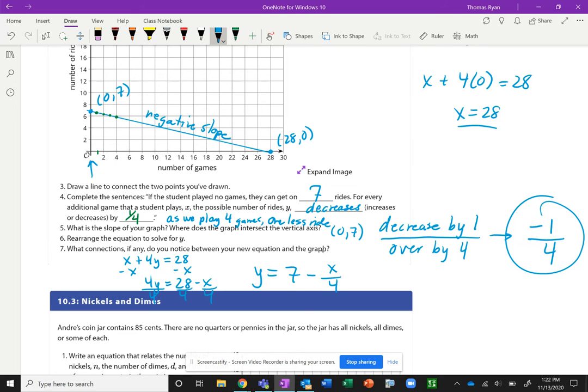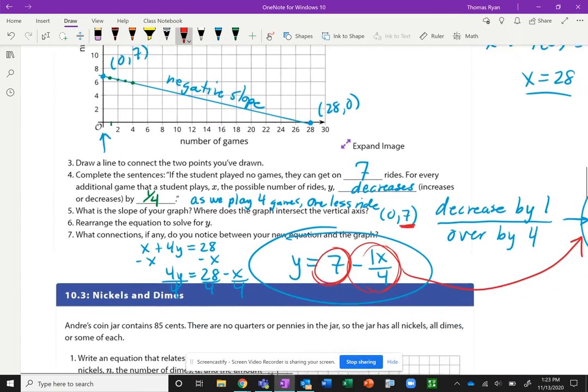Or you can write this as put a 1 in front and say 7 minus 1/4 x. Once again, the 7 comes up as our y-intercept. And here we see the negative 1/4 talks about decreasing by 1 as we go over by 4. So it's just how much do we have to go down and over each time to get to the next point that's on the graph.